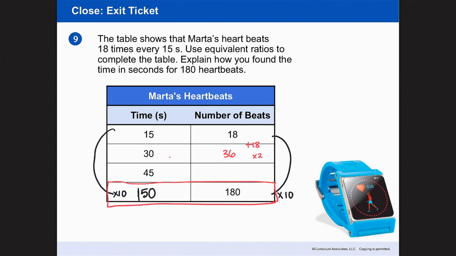Now for the next one, I'm going to look: 15, 30, 45. That's still going up by another 15, so this would be plus 15, and then another 15 more. That would mean this would be plus 18, or plus 18 more. So 18 plus 36, we can add it out.